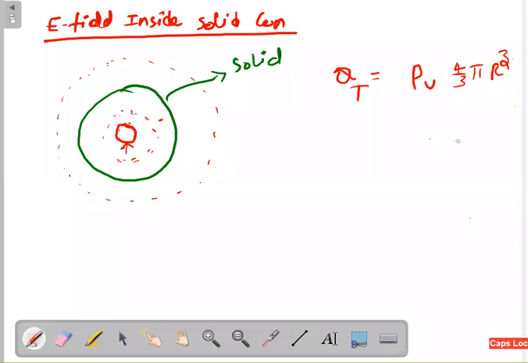Okay, then if I take an imaginary surface like this, some small portion inside the solid, can anybody tell me what it depends on, sir? What is the charge enclosed by this small volume?